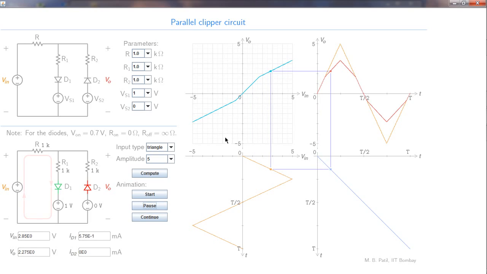Pause again. At this point, note that D1 conducts and D2 does not. So therefore D1 has appeared in green color now, whereas D2 continues to be in red. Notice also that the conduction path is shown over here, and if you observe carefully, that will keep changing. Continue.